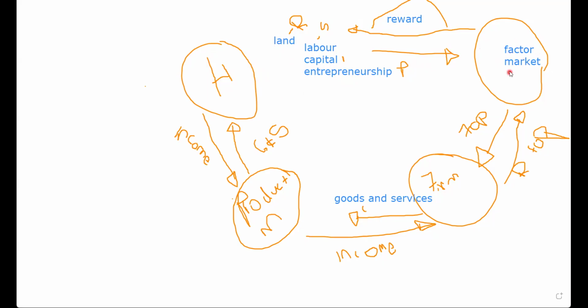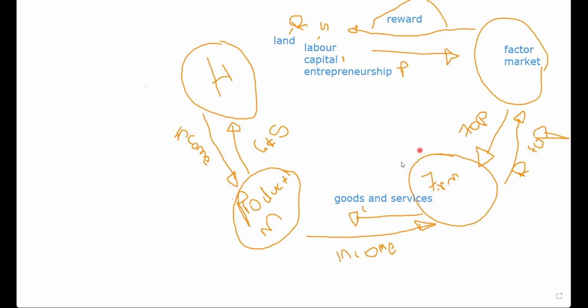After that, the factor market then takes the factors of production to the firms. The firms are going to use these factors of production in their production process in order to produce goods and services that can be consumed. In return, the firm would also pay the factor market for having provided them with the factors of production.